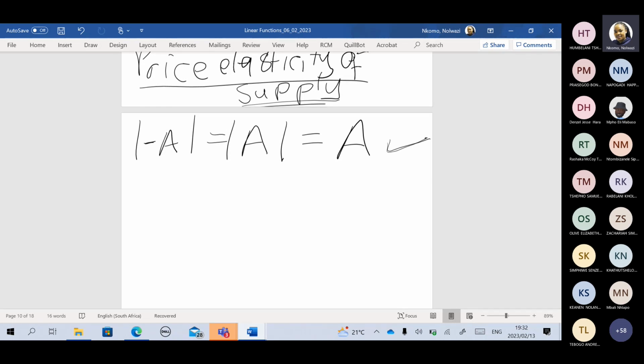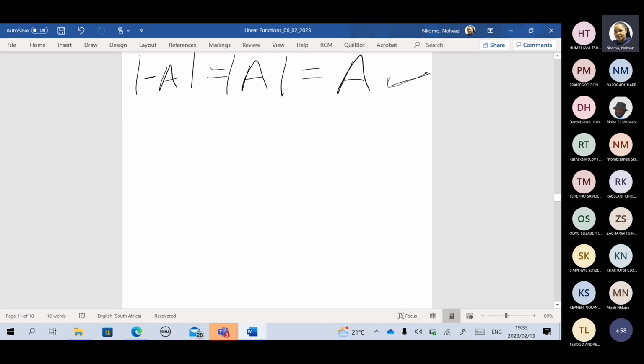In economic theory, this predicts how prices rise or fall. In simple words, using the definition in the study guide, price elasticity of supply is a measure of how supply responds to a rise or fall in the price of goods or services.